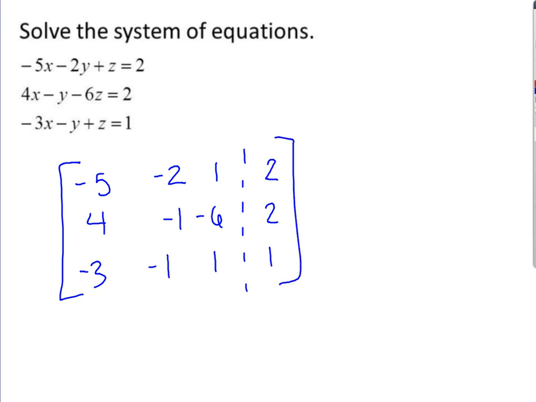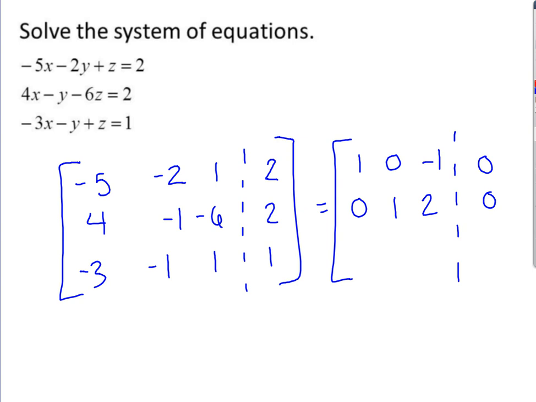When you put this into your calculator and do reduced row echelon form, you're going to end up with 1, 0, negative 1, 0, 1, 2, and 0, 0, 0, 1. So if you take a look at the left side of this augmented matrix, this is not in reduced row echelon form because we have numbers other than just ones and zeros.